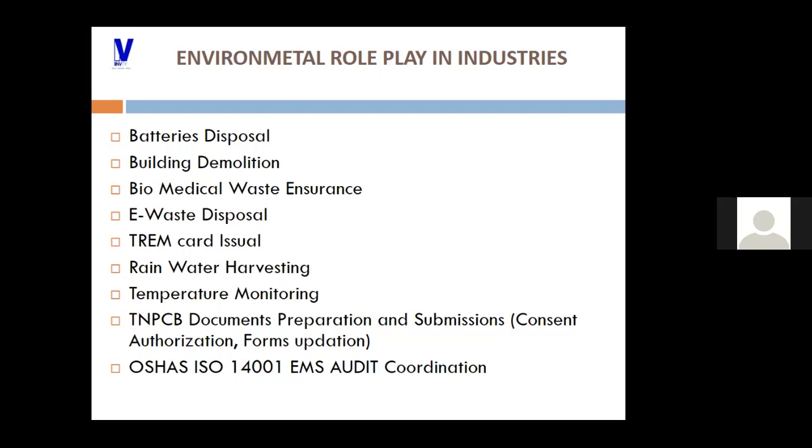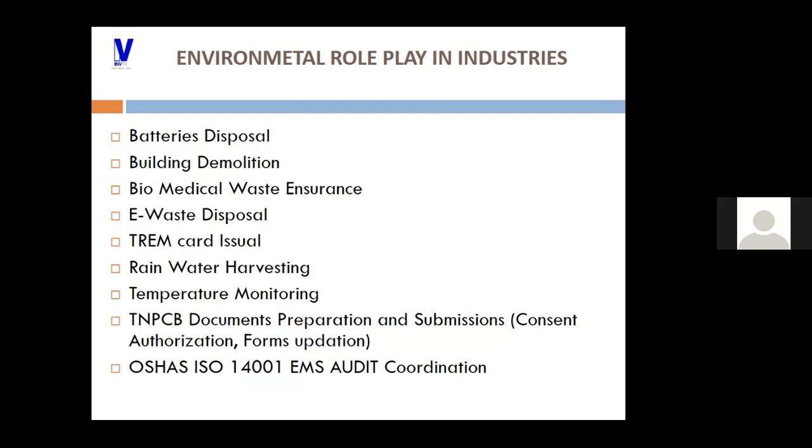If my plant is located in Tamil Nadu, I will get the CTO authorization from the Tamil Nadu government. If my plant is in the Maharashtra region, I can get the certificate from the local MPCB. In Karnataka, it means the Karnataka Pollution Control Board. Likewise, it's called CTO, Consent to Operate. It's one kind of license, similar to the factory license.